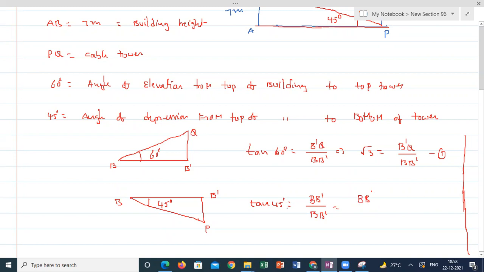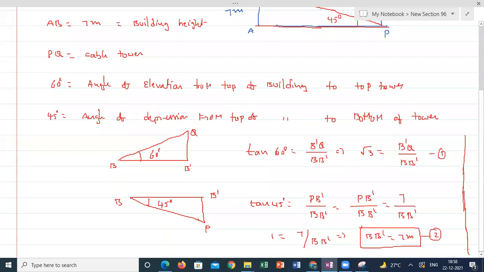Sorry guys, extremely sorry. We know PB dash is 7 and the horizontal line we don't know. From here tan 45 is 1, so 1 equals 7 by BB dash, which is nothing but BB dash is 7 meter. Now I know the value of BB dash.